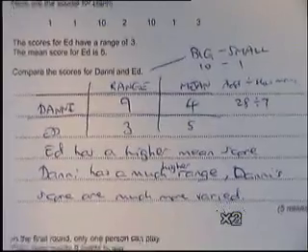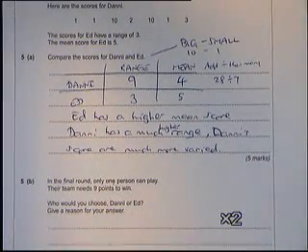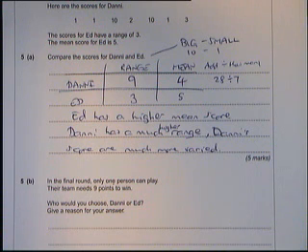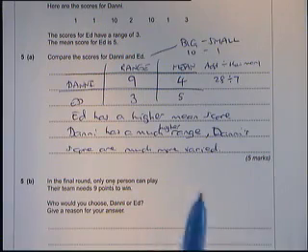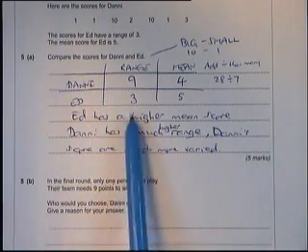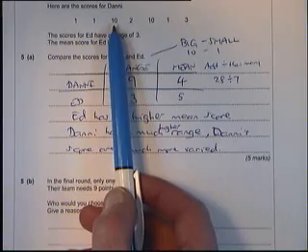Now at the bottom it says, in the final round only 1 person can play. The team needs 9 points to win. Whom would you choose, Danny or Ed? And give a reason for your answer. Well, we know that Danny can score 10 points.